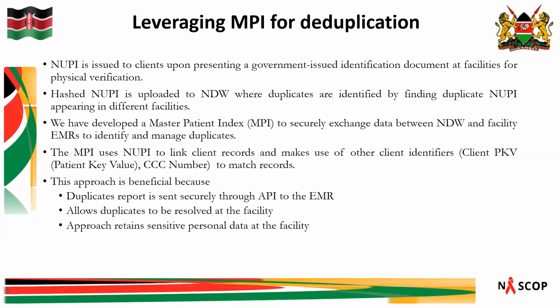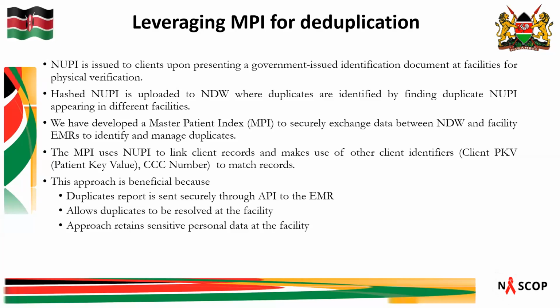This deduplicated data is later imported into our master patient index. The main reason for this is that the master patient index allows us to safely expose these duplicated datasets to facilities, where they can action on these duplicate records and come up with resolutions. Later in the presentation, we'll look at some of these resolution options that we developed in collaboration with NASCOP.